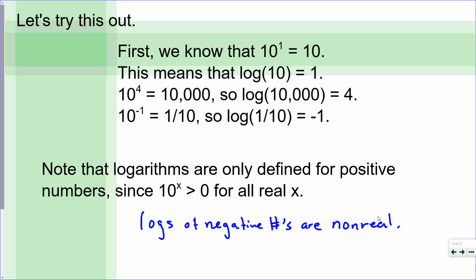Basically, as far as money concerns, such answers don't exist. They do not produce a real sum of money. If you find yourself throughout a problem, you get to a negative number and you attempt to take a logarithm of it, it will fail, and you'll know you've made a mistake somewhere.